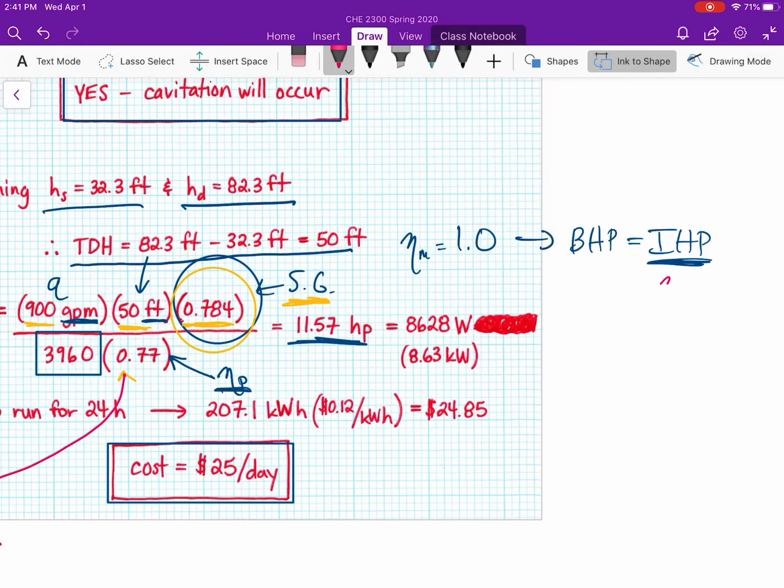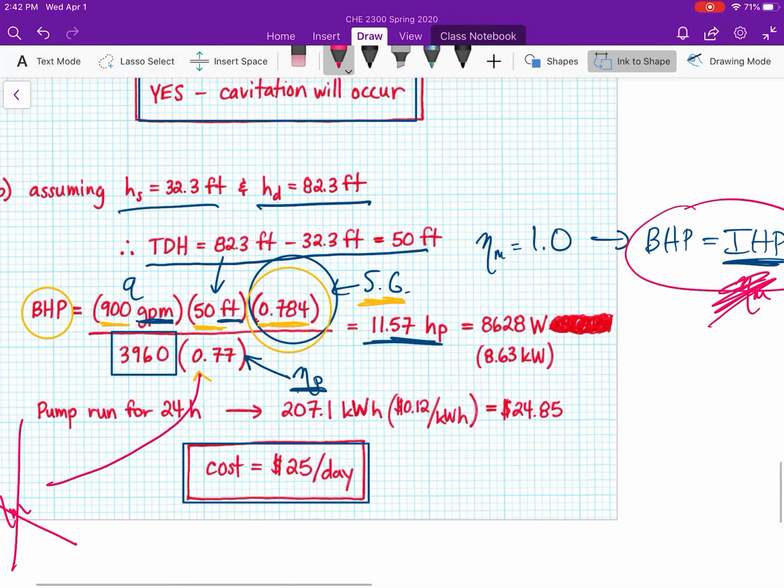The efficiency of the motor goes there. And so if that's 1, these two things become equal to each other. So here this is all equal to the input horsepower, and that is used to calculate the electricity cost for running that pump for a single day.